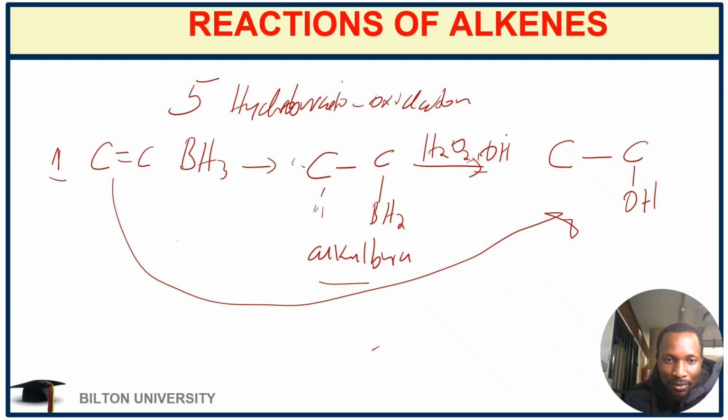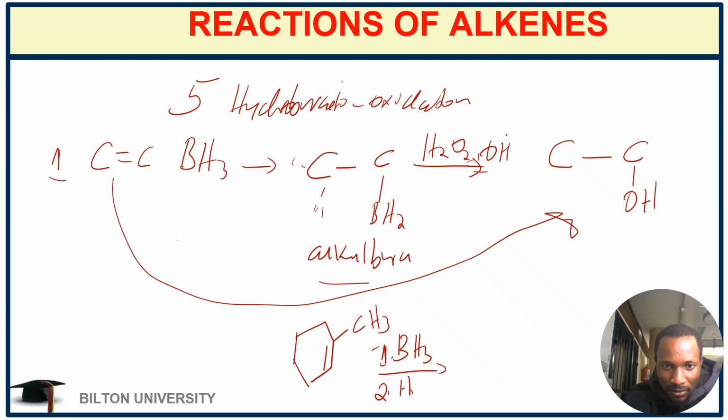Then, for example, let's do it in real life. We have a double bond and we have CH3, and then we have BH3, and then in the second step we perform oxidation, and this is going to give us a product.